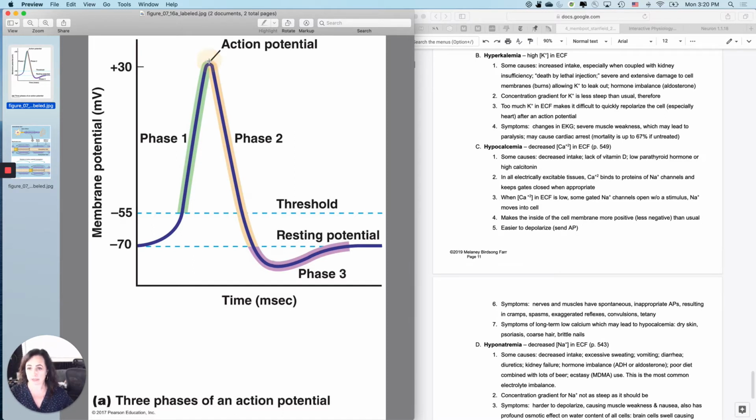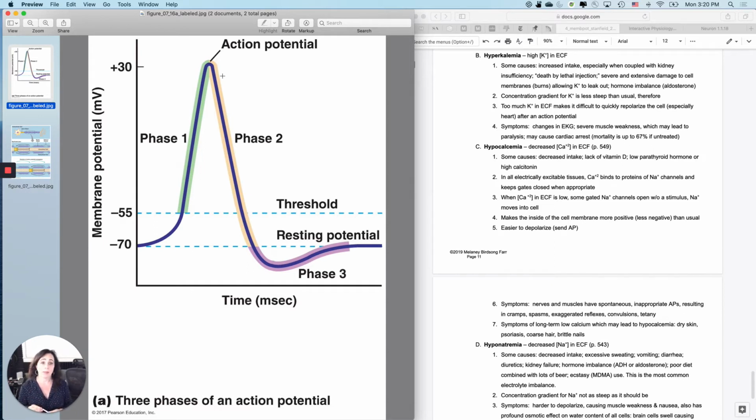I closed my sodium channels, I opened my potassium channels, but now potassium will not move out effectively because instead of being 30 to 1, it's now 3 to 1, right? So you kind of get stuck here. So it makes it difficult to quickly repolarize the cell after an action potential. And if you can't get out of the refractory period, you can't have more action potentials.